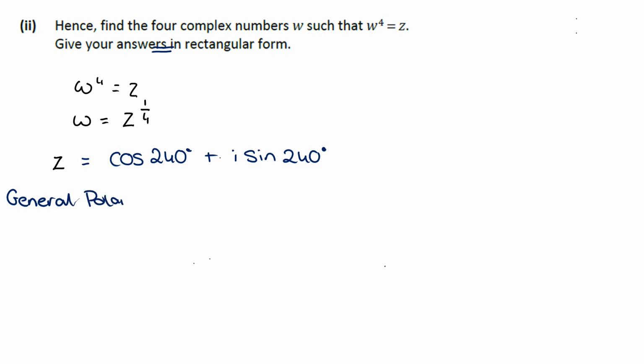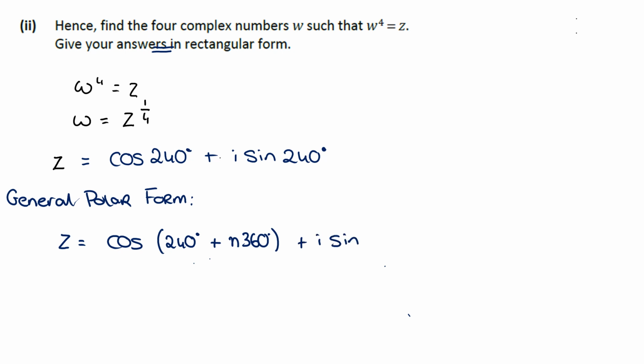So it's a step further than just polar form, and basically it will take into account the fact that rotations will also give us the same answer. So plus some number n times 360 degrees plus i sine 240 plus n times 360 degrees.